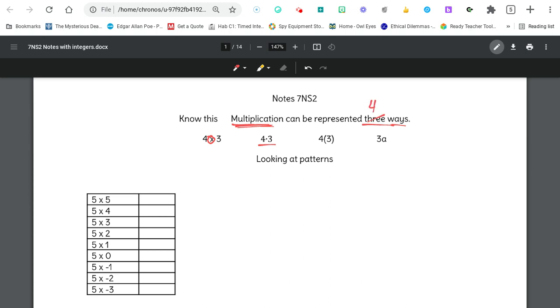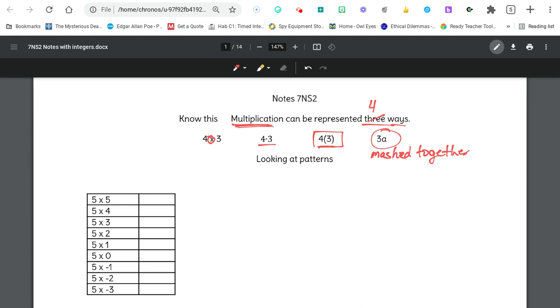You may also just see a number mashed together with another number in parentheses. That means multiplication. There's no space in between them. Whenever there's a number and a variable, and a variable is just a letter, guys, they'll just be mashed together. That means multiplication as well.